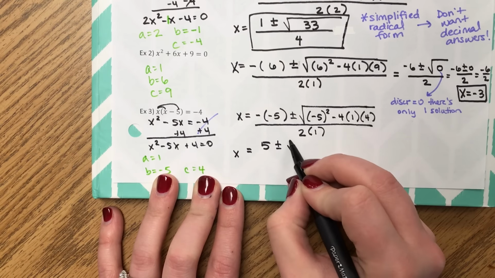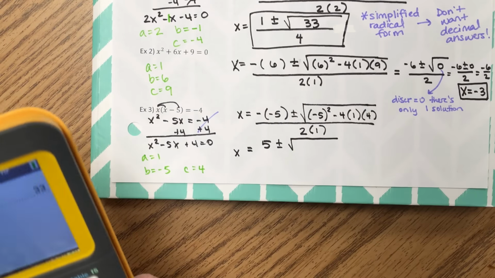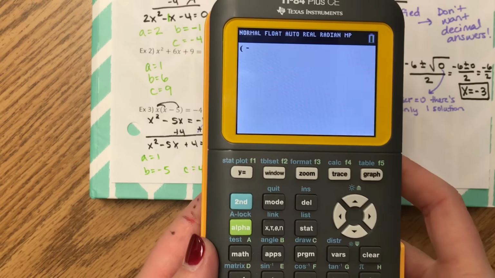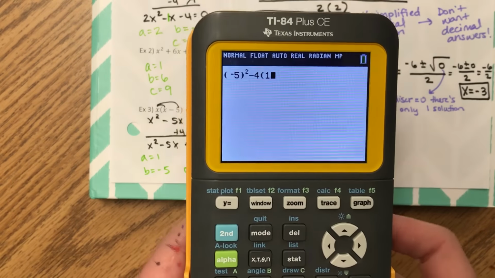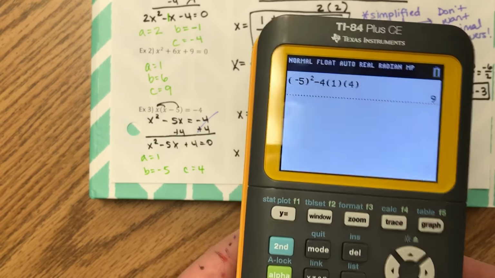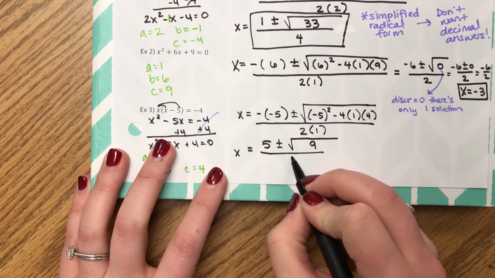Plus minus. If you go plug in just the discriminant, negative 5 squared minus 4 times 1 times 4, I get 9. Okay, so that all thing is 9, and then 2 times 1 is 2.